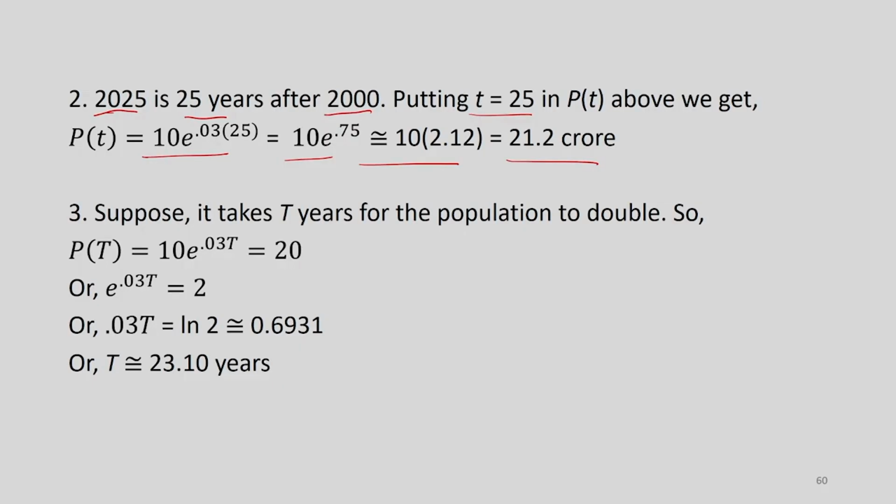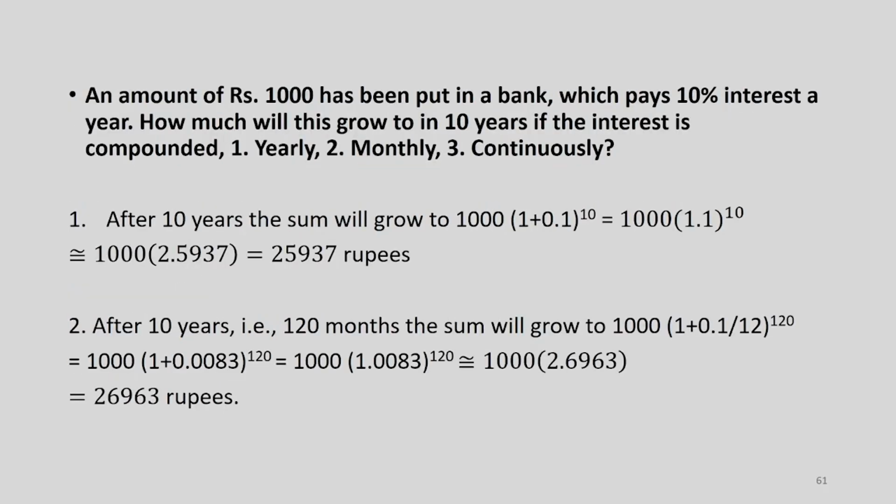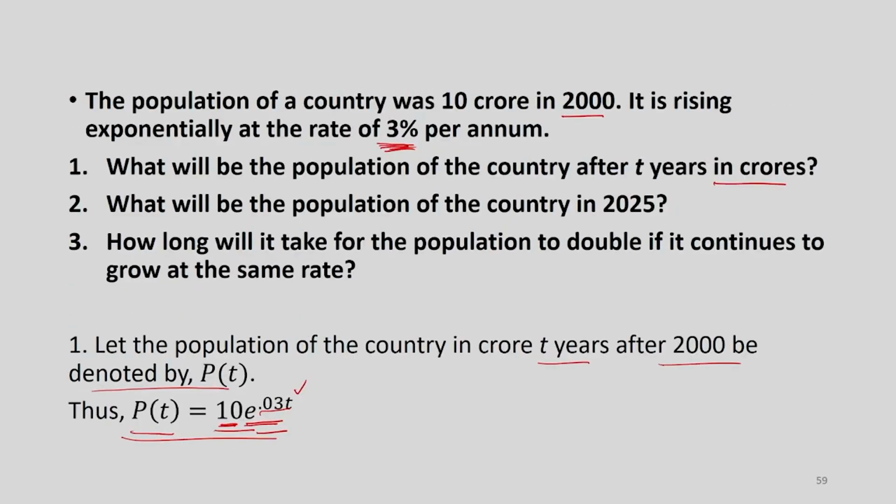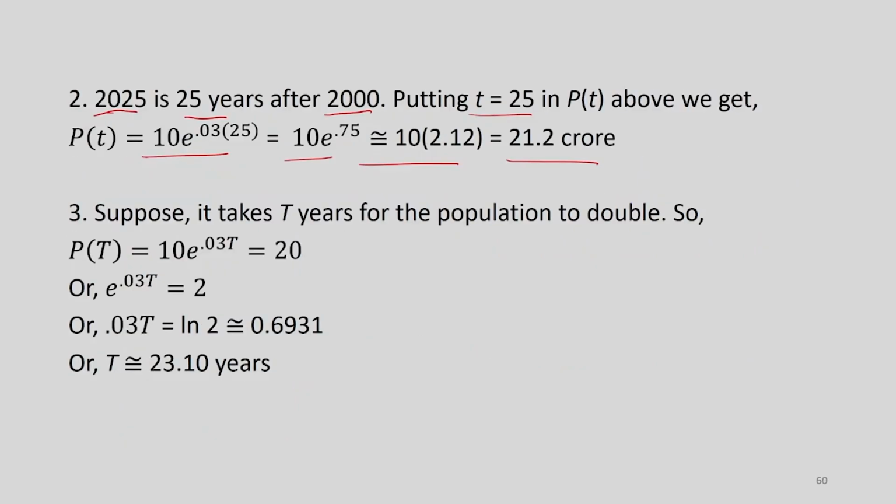And the third part was, how long will it take for the population to double if it continues to grow at the same rate? So again, I will use the same formula. Suppose it takes capital T years for the population to double.